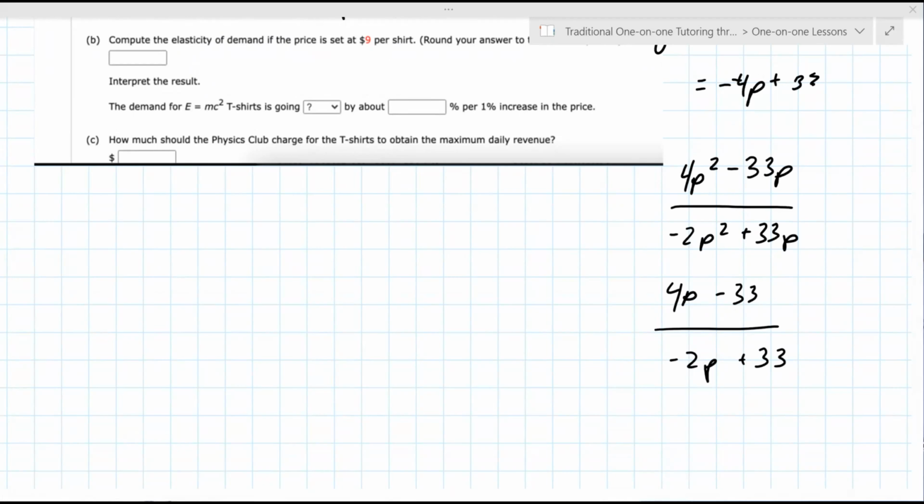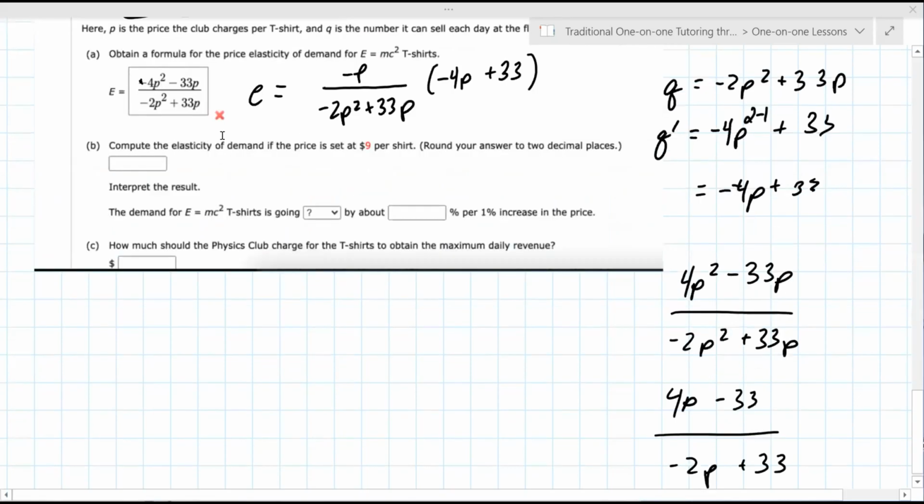Let me just change that really quickly. Let me know if that is not correct.